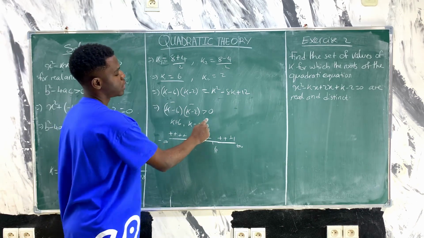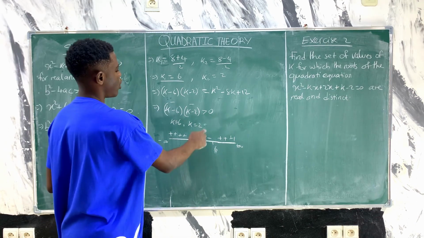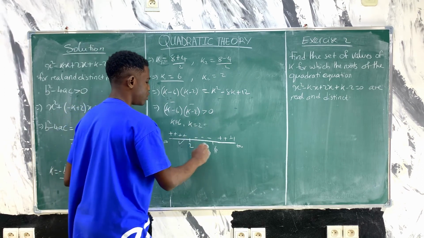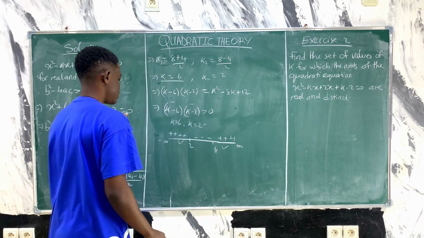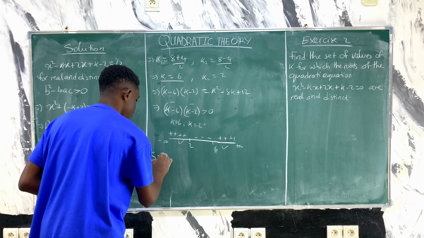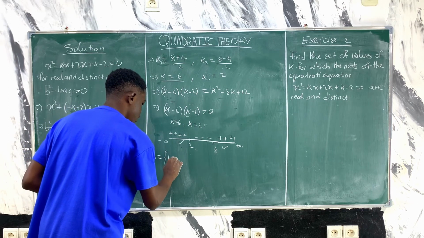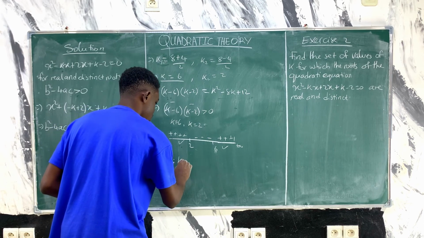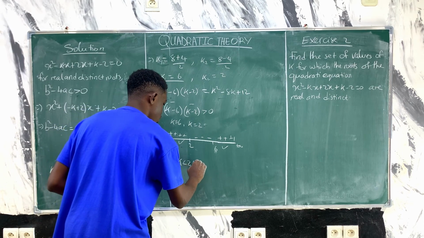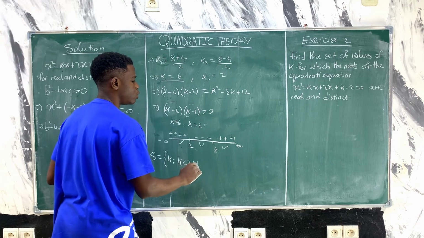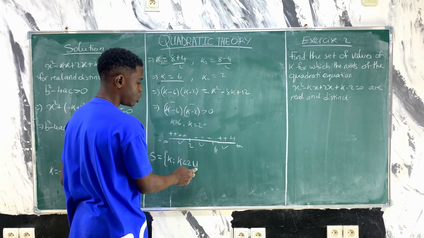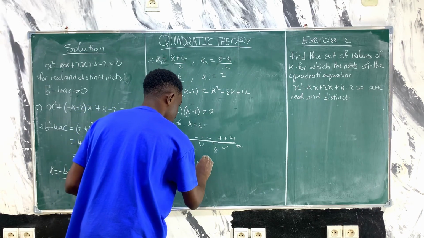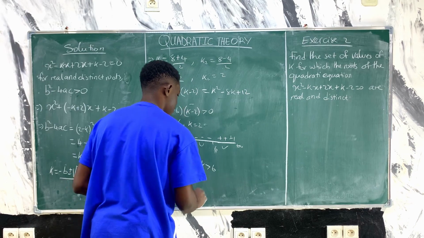So here I have greater than 0. Since I'm looking for answers that are greater than 0, it means I'm looking for this and this. So I can see that the solution set is k such that k is less than 2, union, this space means union. When you see a space in between the two, you put your union always. Here we have k is greater than 6.